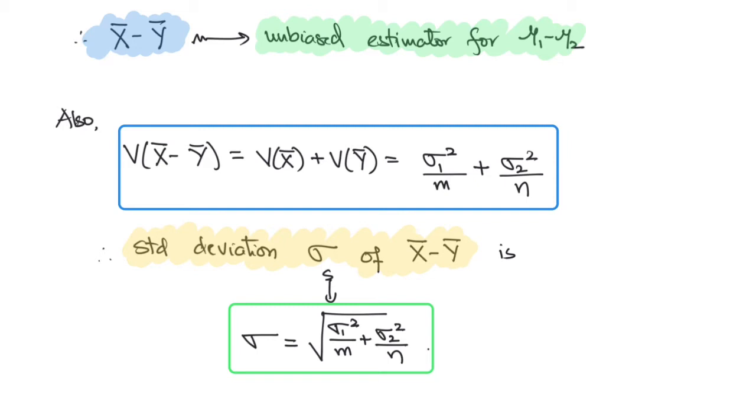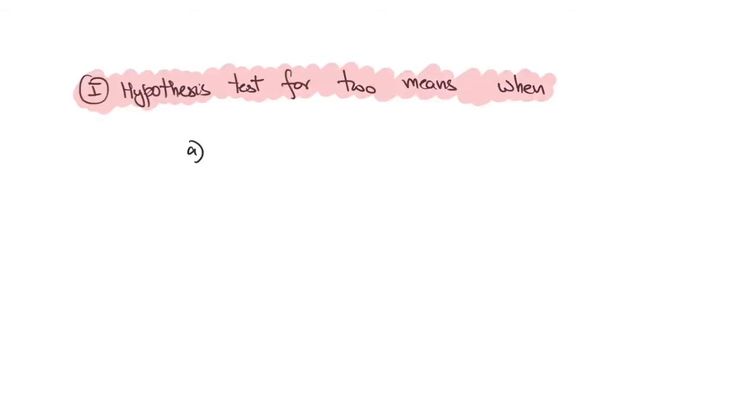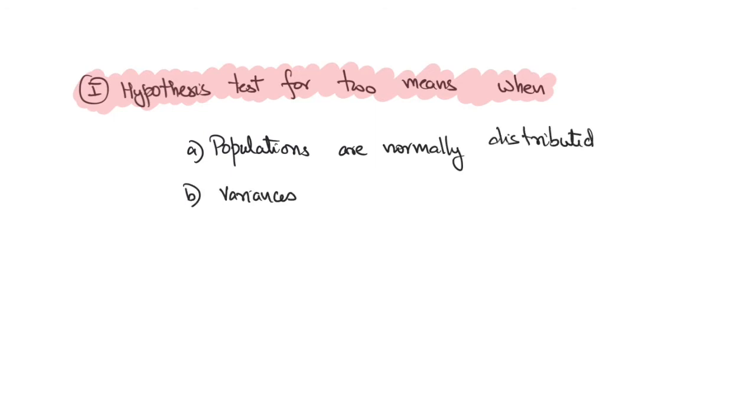We will next talk about hypothesis tests for two means under two assumptions. The first assumption is going to be that the populations of interest are normally distributed, and that the variances sigma 1 squared and sigma 2 squared are known.